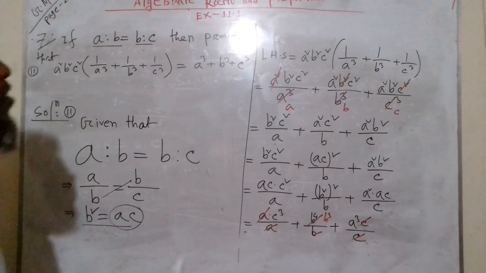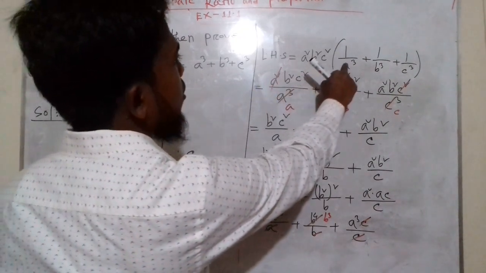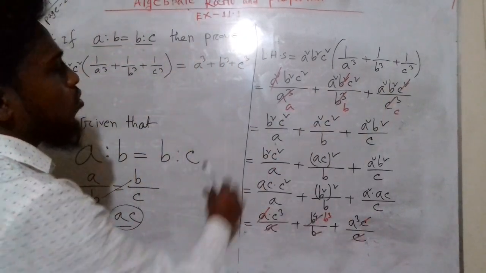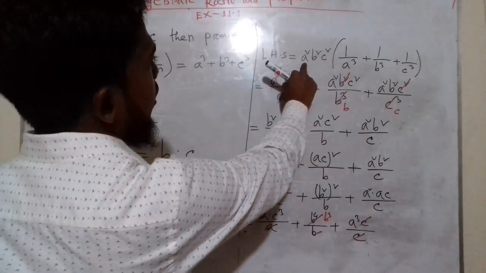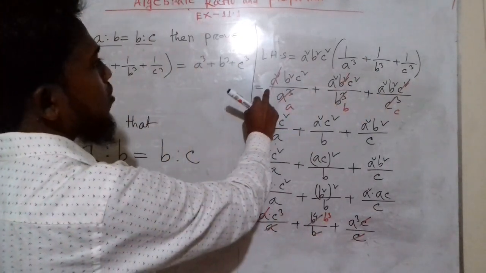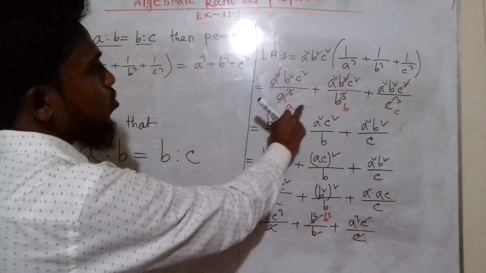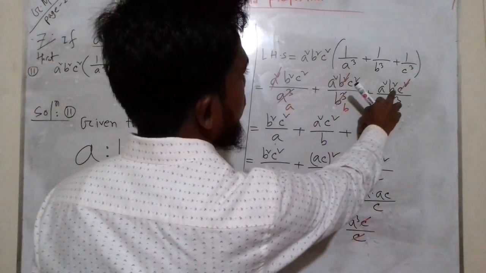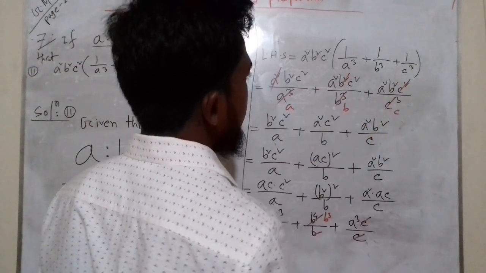So left hand side a square b square c square into 1 by a cube plus 1 by b cube plus 1 by c cube. So multiply by a square b square c square in each term. So we can write a square b square c square divided by a cube plus a square b square c square divided by b cube plus a square b square c square divided by c cube.